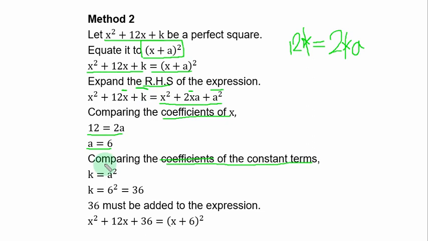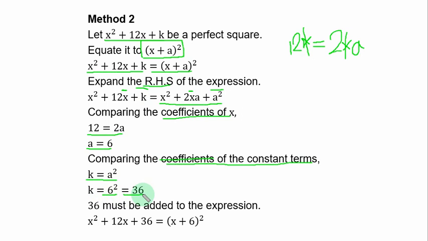When you compare them, you have k equal to a squared. From the previous comparison, a is equal to 6, so you put 6 in place of a. Since a is squared, you square 6. That means k is equal to 36.